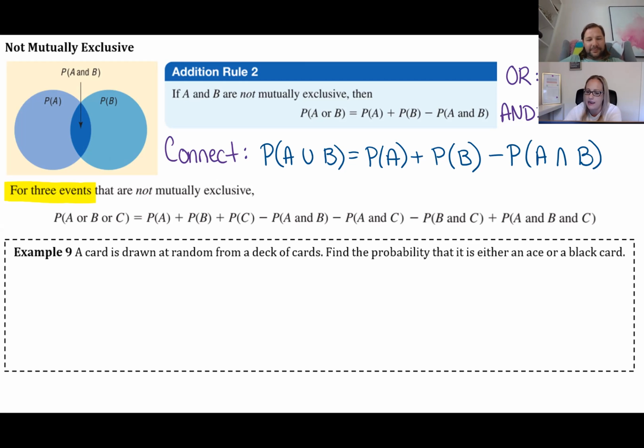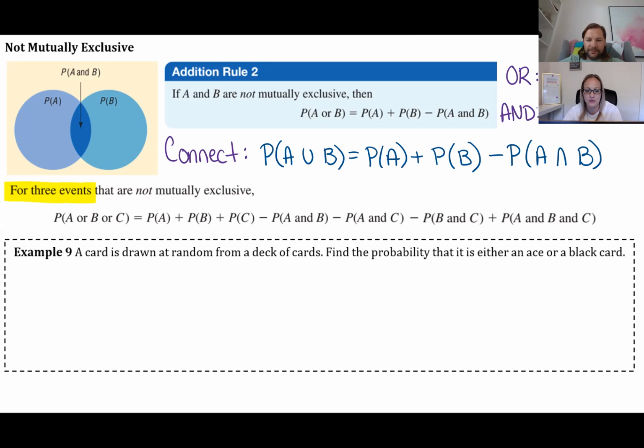So you pair together A and B, subtract those, A and C, B and C. But then at the end, what you actually have to do is add back the probability that all three events happen at the same time. So this is kind of a fun formula to apply. It's not as scary as it looks. We're going to do a couple practice problems and you'll see us apply the formula when we get there.